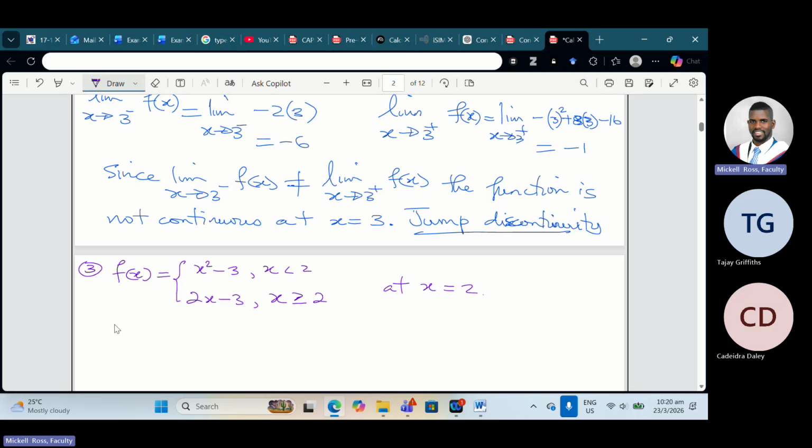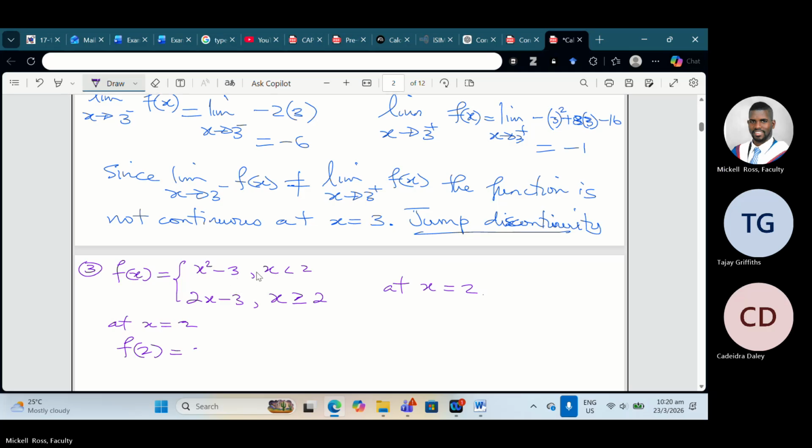So at x equal to 2, f of 2 is going to be equal to, we're going to use this function, because the piecewise function is telling us that this function relates to two other functions. This part is quadratic, this part is linear.